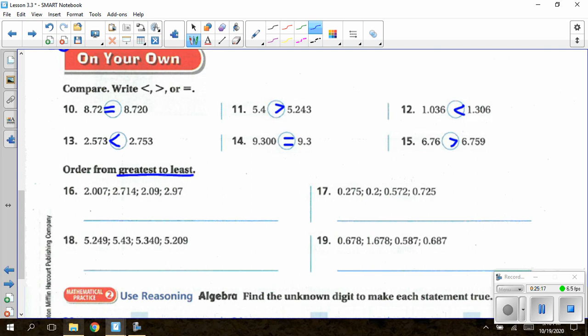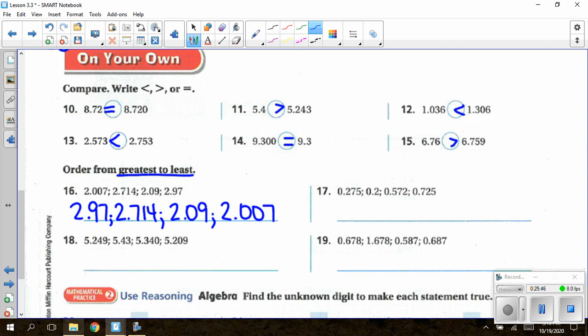So my greatest number after lining up my decimals would be 2 and 97 hundredths. Next, I would have my 2 and 714 thousandths. Next would be my 2 and 9 hundredths. And finally, I would have my 2 and 7 thousandths.